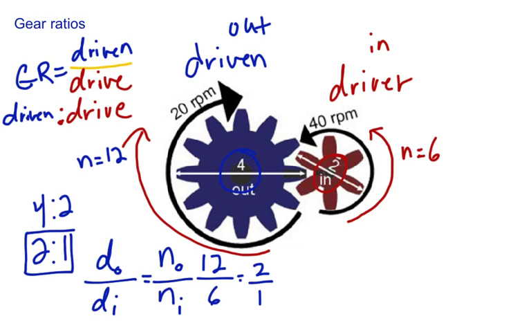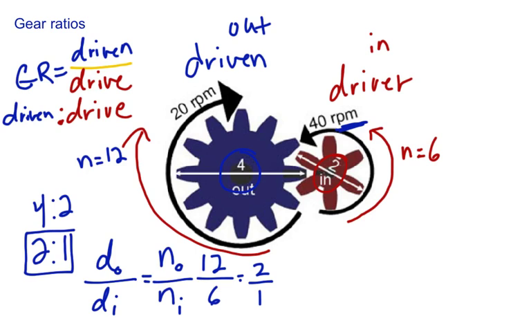Another way you can do this is if this red one is turning fast at 40 RPM, or rotations per minute, then for this blue one, the best way to see this is in action, is to actually turn the red one and watch what happens to the blue one. The blue one will only turn 20 rotations per minute.